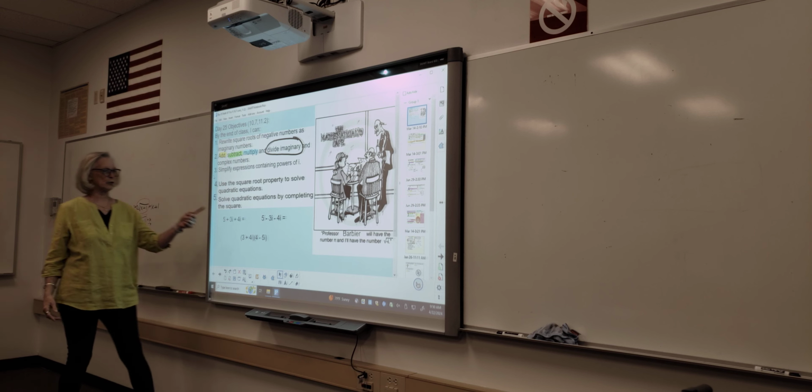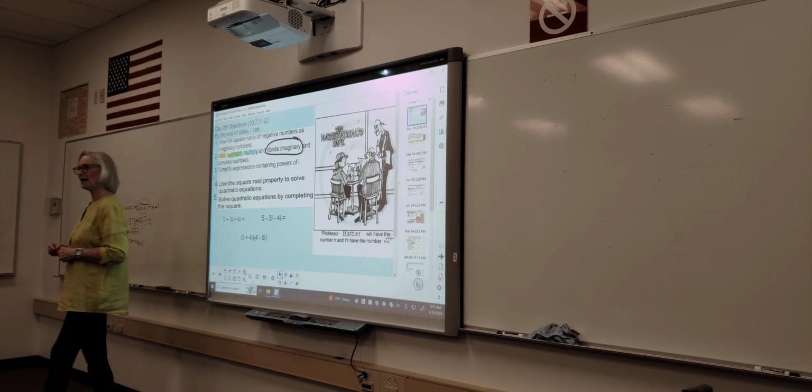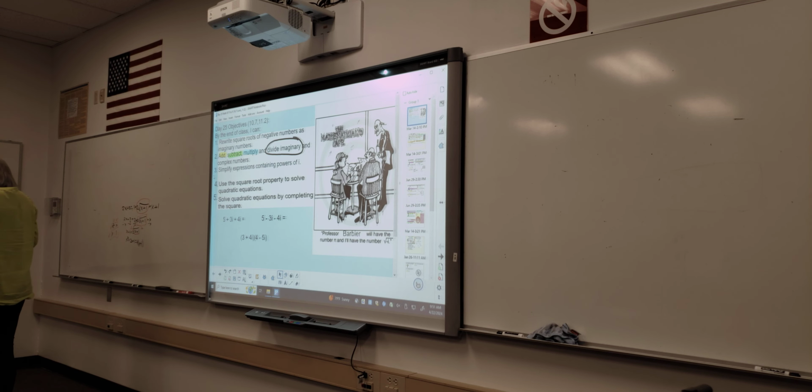Just try these 3 problems and see if you can warm your brain up to imaginary numbers like we did last Wednesday. Equals -5. This is a lot like one of the first things we ran into, where I'm like, huh, those don't fit.